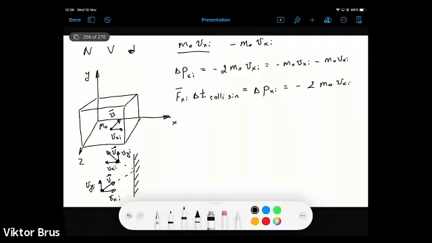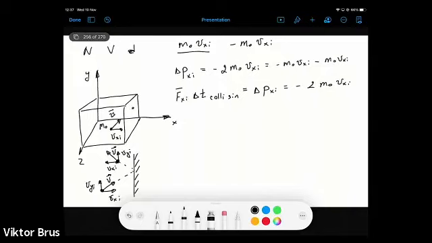However, the interval of time during which the collision happens is very small, and you cannot accurately define it. So what is helpful in this situation: we need to consider that in order for this molecule to hit the same wall again, the molecule needs to travel along the x direction a distance 2d.